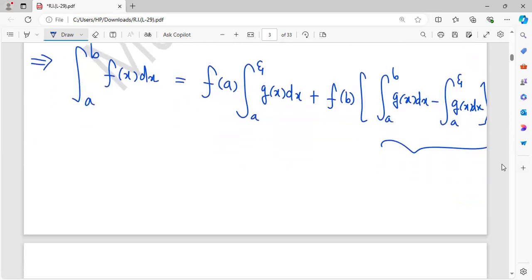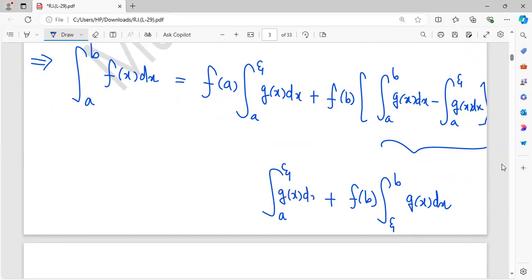After solving, it will be ξ to b g(x) dx. Outside is f(b), it will remain as it is. Plus f(a) integral a to ξ g(x) dx is equal to integral a to b f(x) g(x) dx.